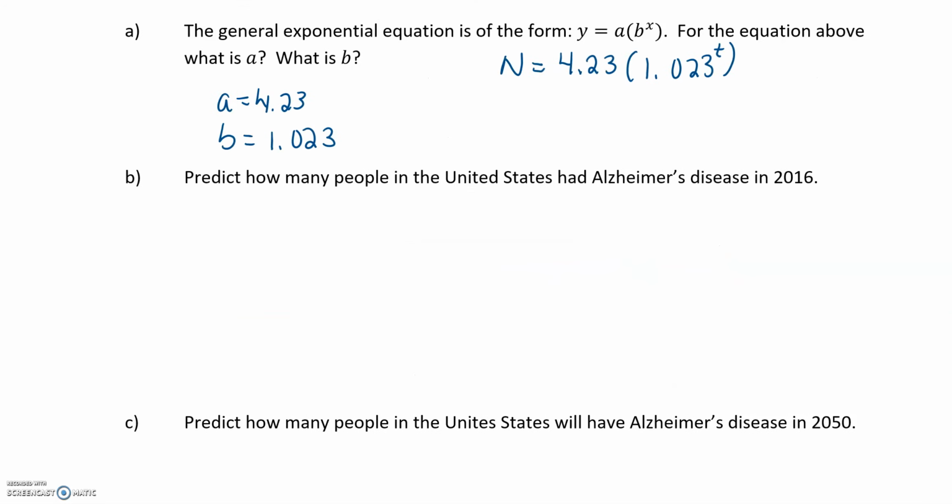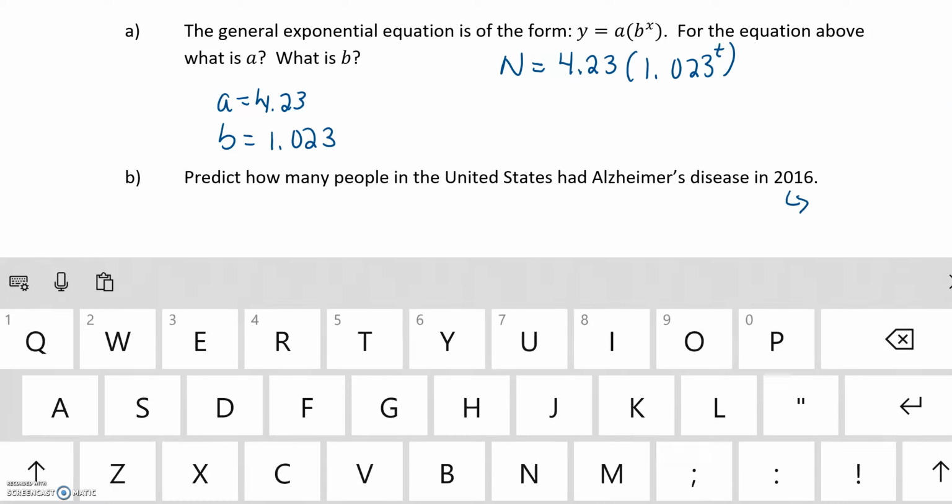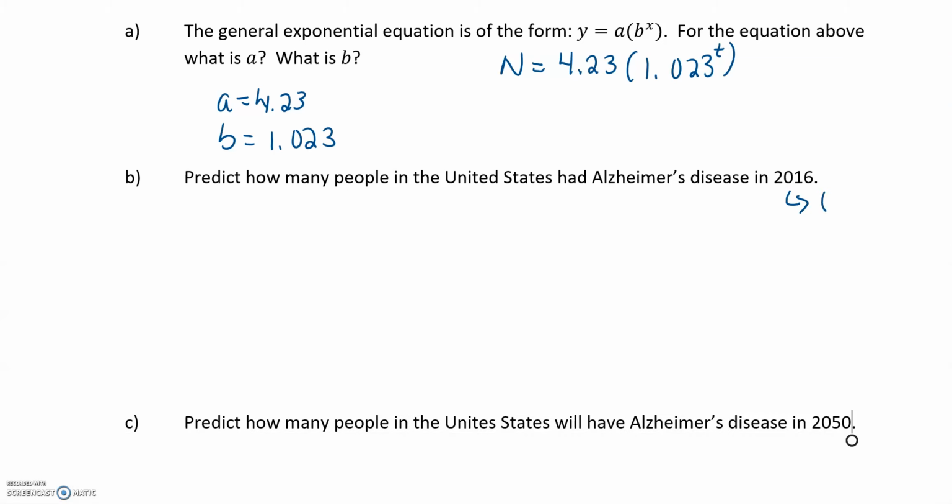Next, we want to predict how many people in the United States had Alzheimer's disease in 2016. Remember that since t = 0 corresponds to the year 2000, the year 2016 refers to the value of t = 16. We want to calculate the value of N for t = 16. So we calculate 4.23 times 1.023^16.